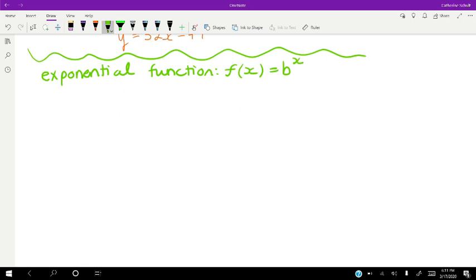For example, we could have f of x equals 5 to the x, or f of x equals 1/2 to the x. And then we also have our exponential function, e to the x.